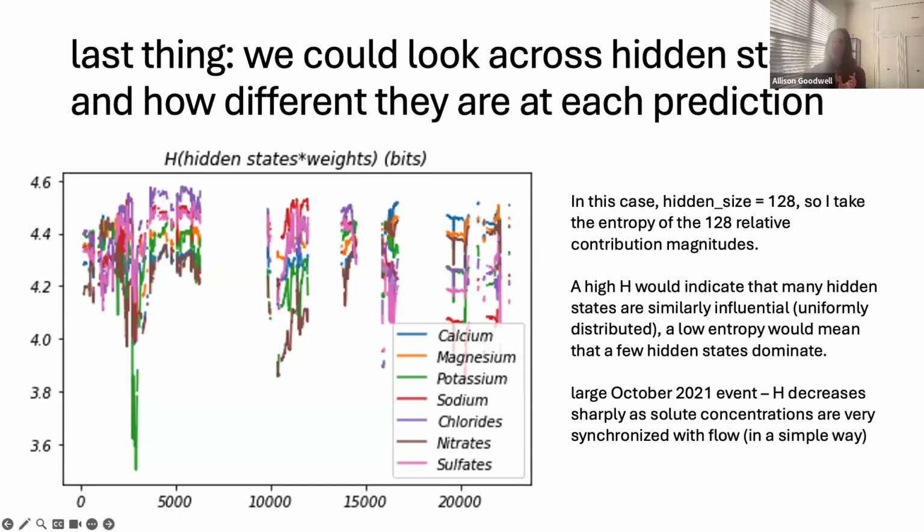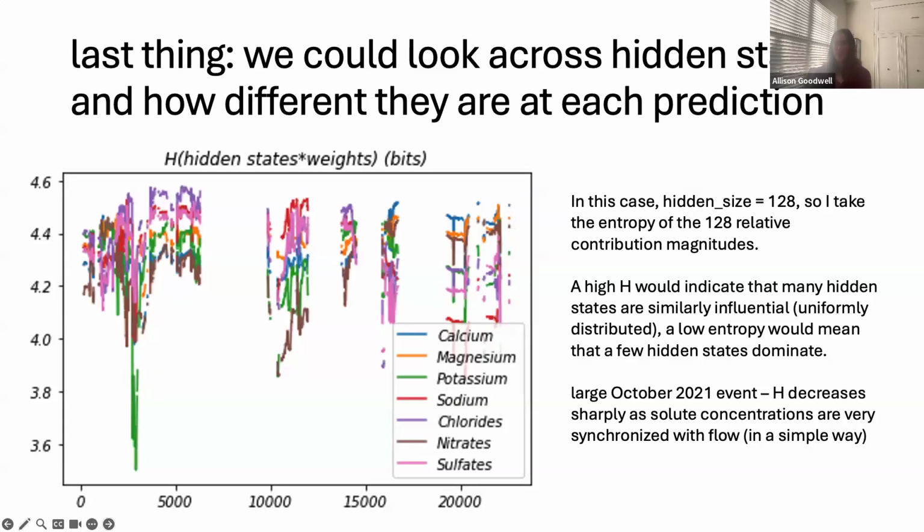I used PCA and identified those different regimes. Then I was looking within those regimes at what the drivers of these solutes are. So what are the variables that are predictive of them? That changes between these time periods, and that's reflecting the fact that the interdependencies are changing, that the things that are driving them are changing.